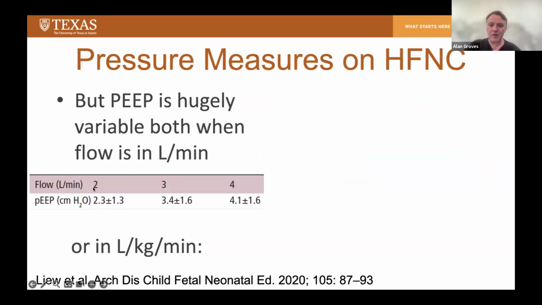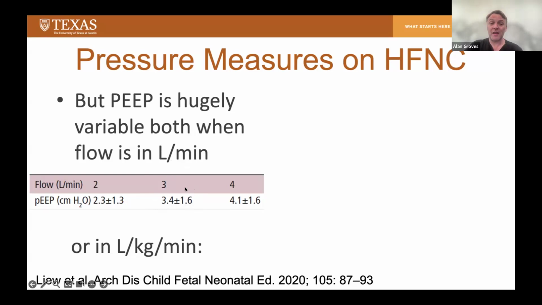But one of the other things to look at is that although we're saying that with higher flow comes higher PEEP, have a look at the variability in this. Have a look here, for example, on flow rate of 3 liters per minute. Yes, the population average PEEP was 3, but the standard deviation was 1.6. So that means that some babies, 5% of babies, will have had 2 standard deviations less than this, so a PEEP of 0.